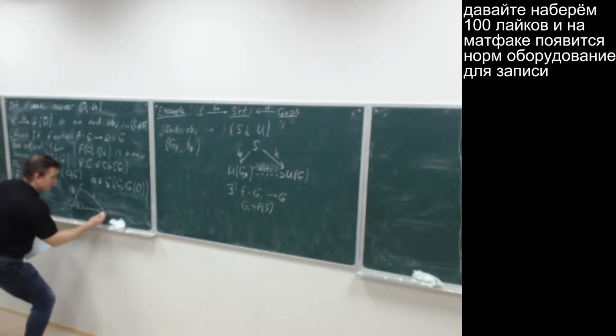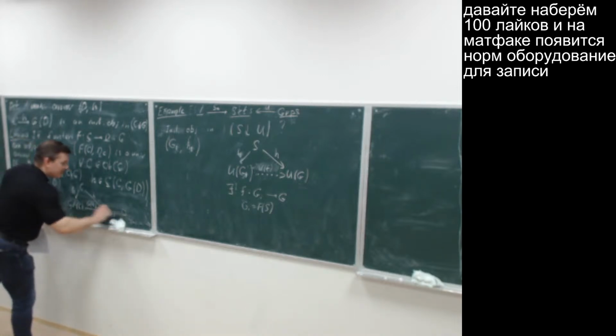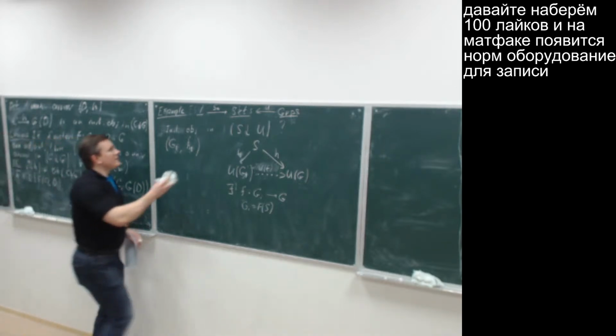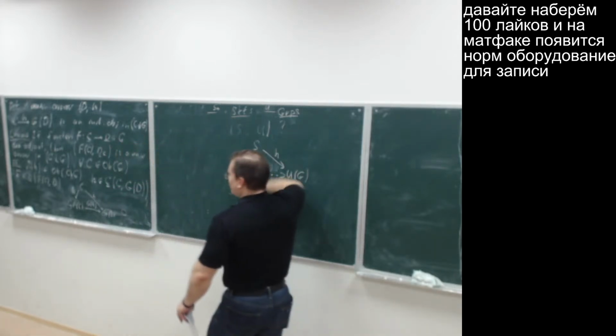Sorry, this is not D, this is G of D. And I want to write G of something. Well, first, this is just H bar. Okay, think about this. Is this clear?